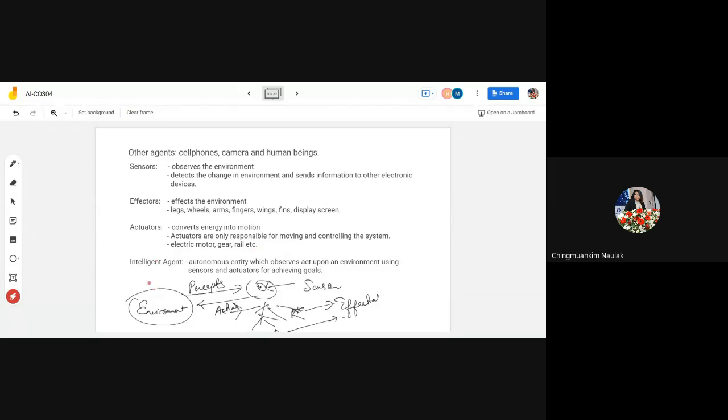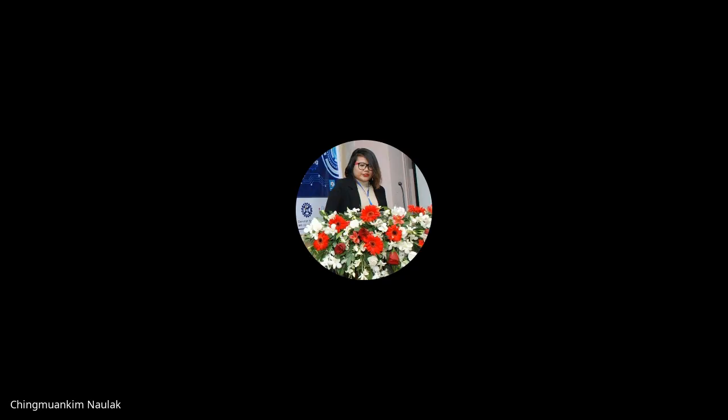An intelligent agent is an entity which observes the environment, and acts upon the environment using sensors and actuators to achieve a goal. For example, you have this agent here. The eye is the sensor, and let's say you have an environment here. It perceives the environment through the eye, and then upon its perception it acts. The effectors are the hands and the legs.